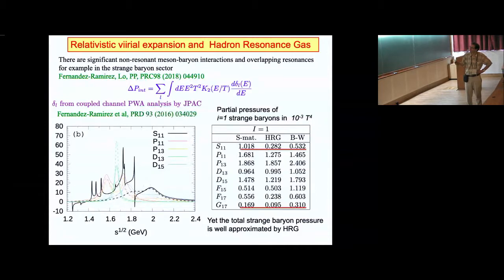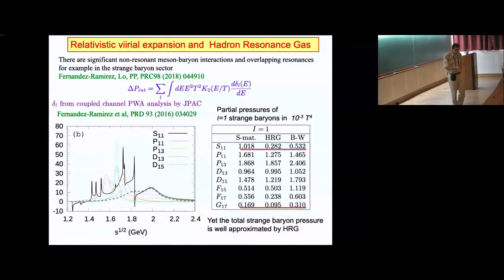In some cases, it works well, like for example for the D13 partial wave, where all these calculations give about the same number. But in some cases, it fails miserably, like in the first partial wave S11. Here, the three different approaches give you numbers which are different by a factor of 2 or more, and the same here. So there clearly are partial waves where the idea of approximating your spectral density by delta functions or Breit-Wigners is totally inadequate.